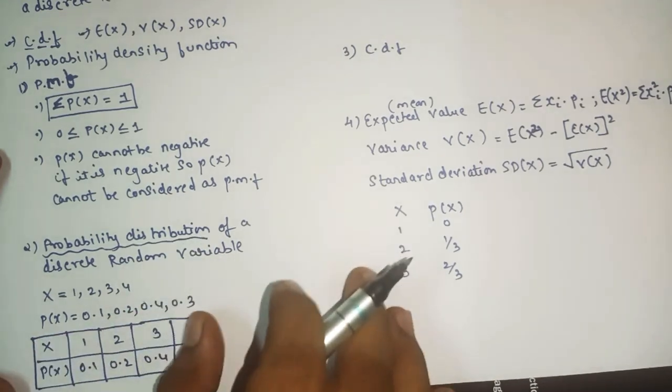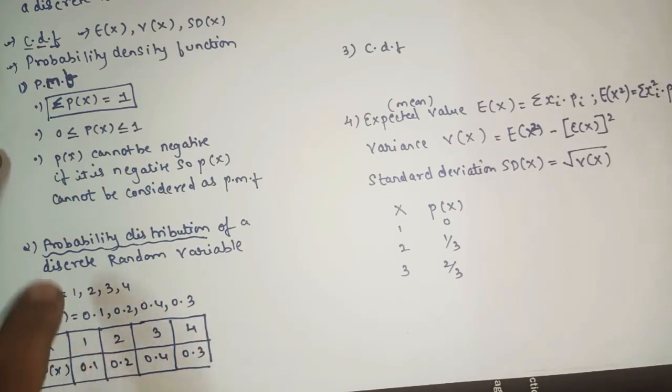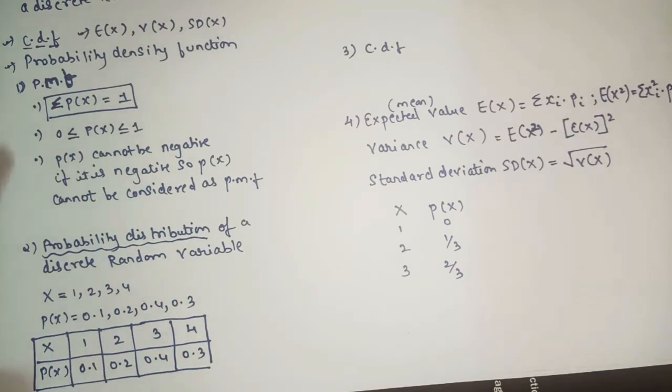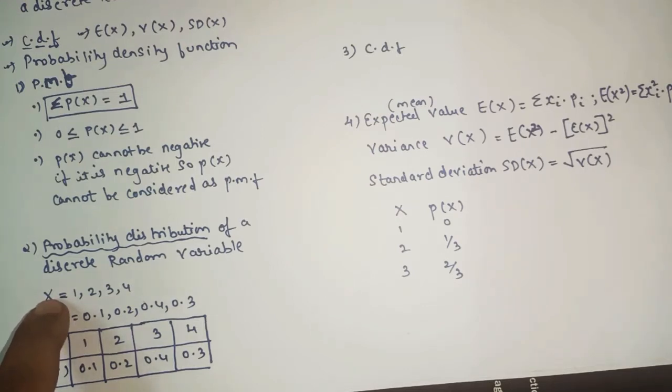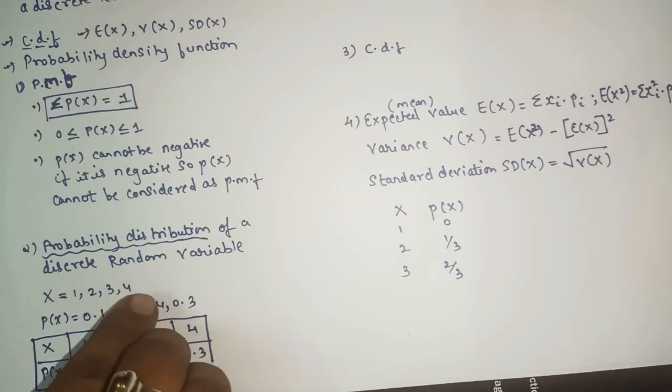Remember, whenever the word probability distribution comes, it is usually represented in a tabular form. Probability distribution is nothing, it is just a table with respect to x and p of x, where x is a random variable, and p of x is the probability of that particular random variable.